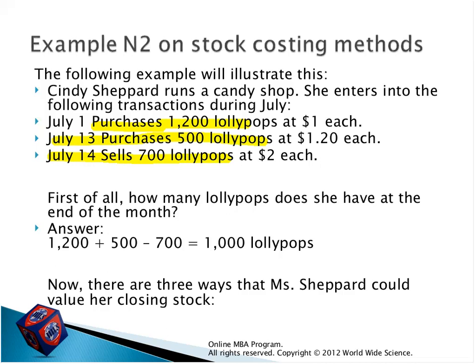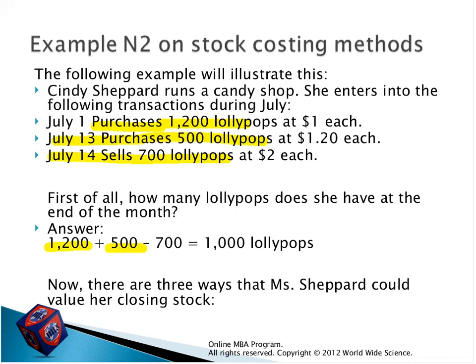First of all, how many lollipops does she have at the end of the month? We should make a calculation to find how many inventories we have at the end of the period, right? The answer here is the first purchase 1,200 plus the second purchase, 500, minus 700, which is the sales.